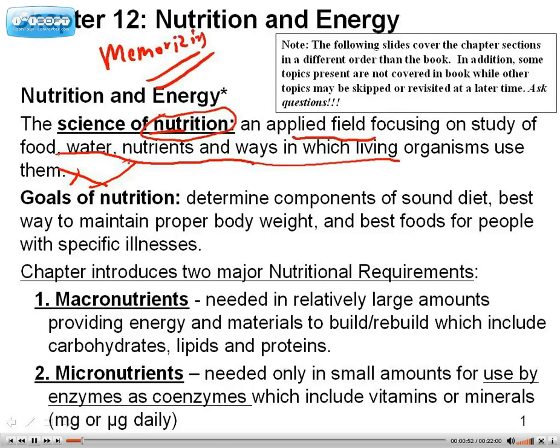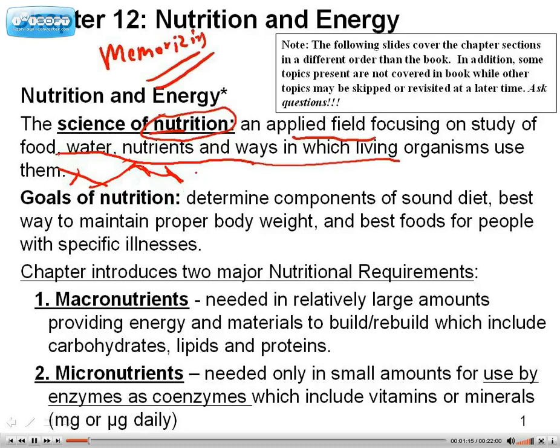So either to break down those molecules in order to release energy that powers the organism, or to give molecules to the body so that they can use it as building blocks in order to build important things within the organism. So it's a lot of talking without a lot of slides.